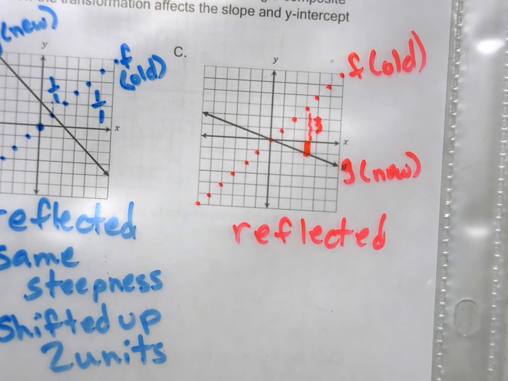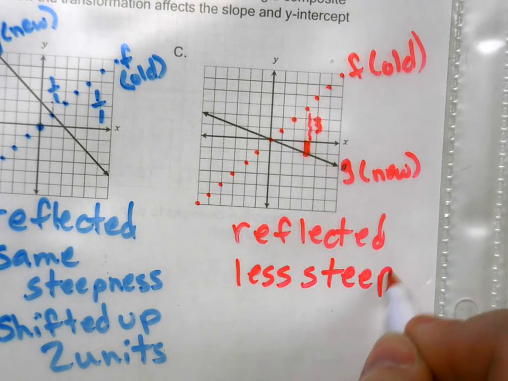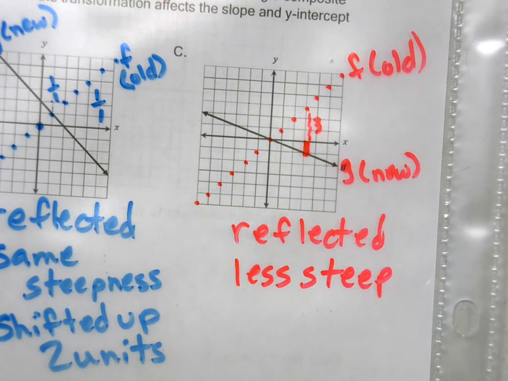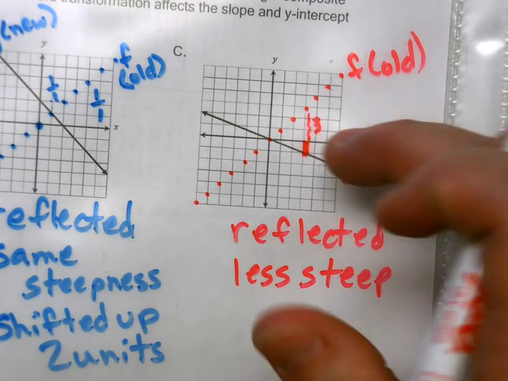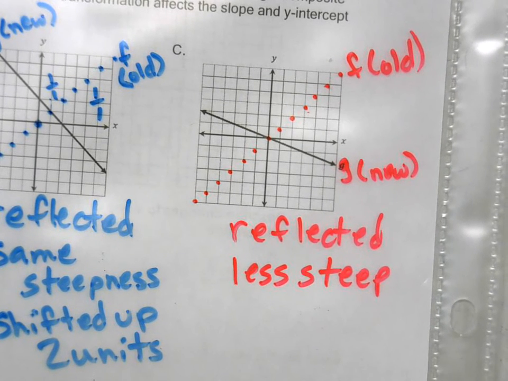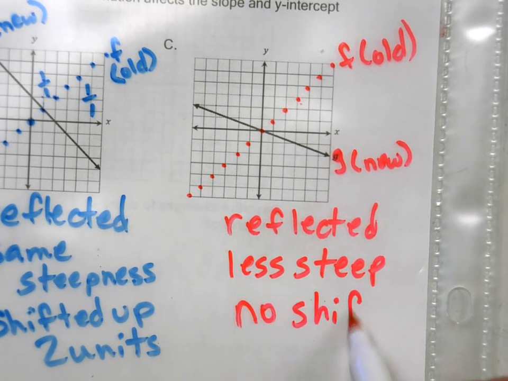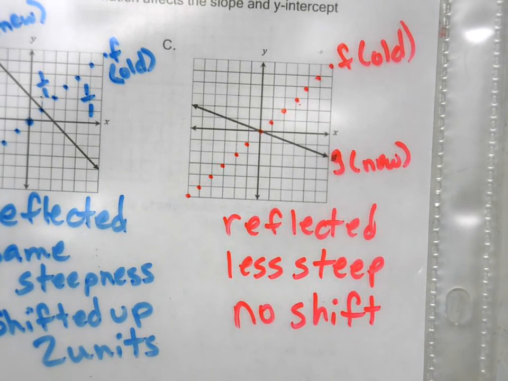So did it get more steep or less steep? Less steep. Okay, and then did it shift any? No shift. They both went through the origin.